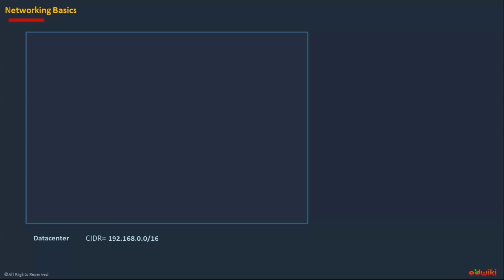So for my data center, I want to use the CIDR block 192.168.0.0/16. What does it mean, guys? All the servers that I want to keep in my data center should follow my /16 CIDR block notation. Are we good with this? Can I go with 192.168.0.0/16?